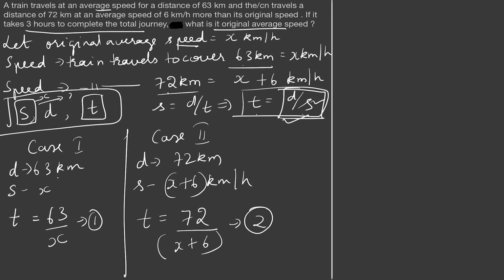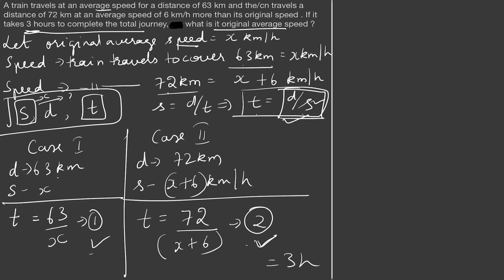From the question, we came to know that it takes 3 hours to complete the whole journey. That is, equation 1 plus equation 2 will be equal to 3 hours, because this is the time taken in the first case and this is the time taken in the second case.